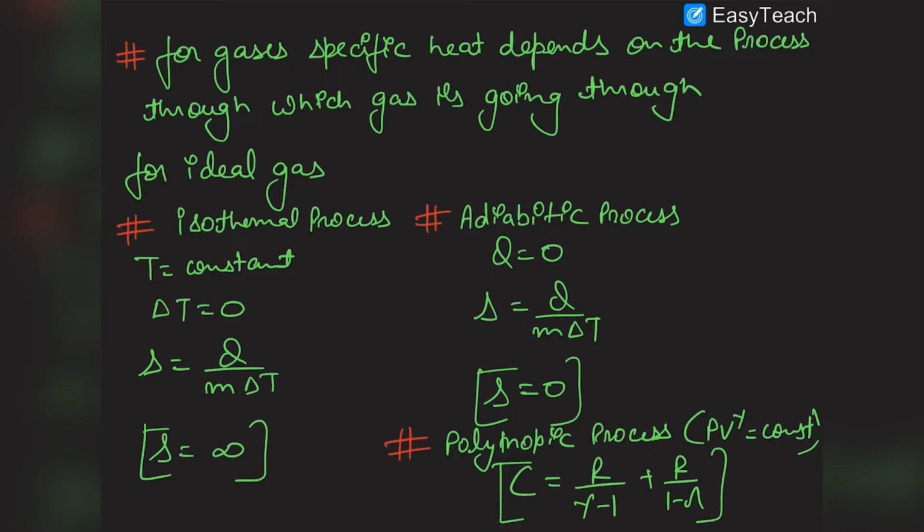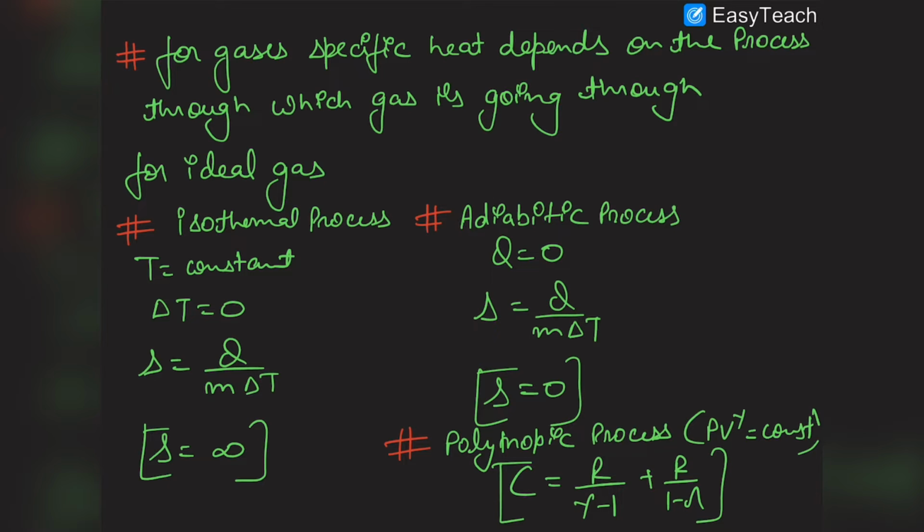Now mathematically S is infinity, but what does it mean? That if you have to increase the temperature of this gas, then you have to give an infinite amount of heat, because this gas is going through a process in which its temperature is maintained constant, and any finite amount of heat could not change the temperature of this gas.